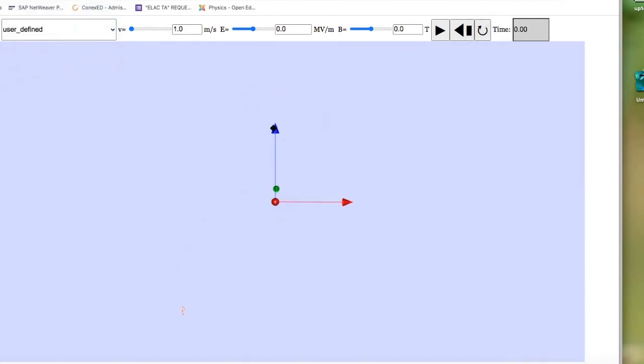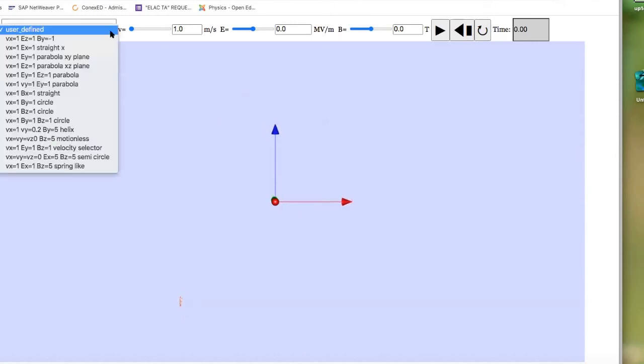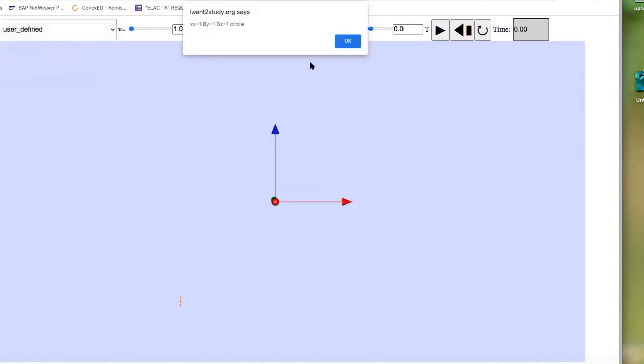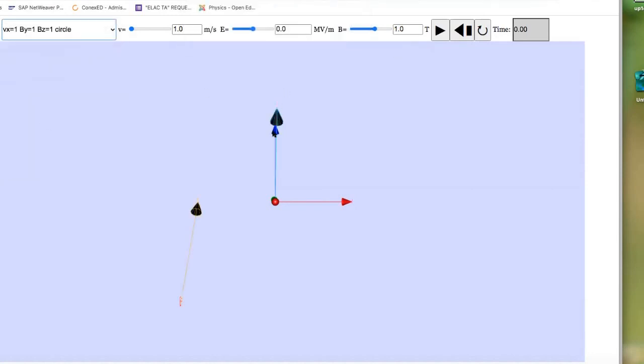Okay, let's go like that. Which one were we doing? By is 0, Bz is 0. Okay, so I'm going to time to see how long one revolution takes. Ready, go. It should take 4.44 seconds. It's actually a circle, but it looks like an ellipse because it's in the YZ plane.